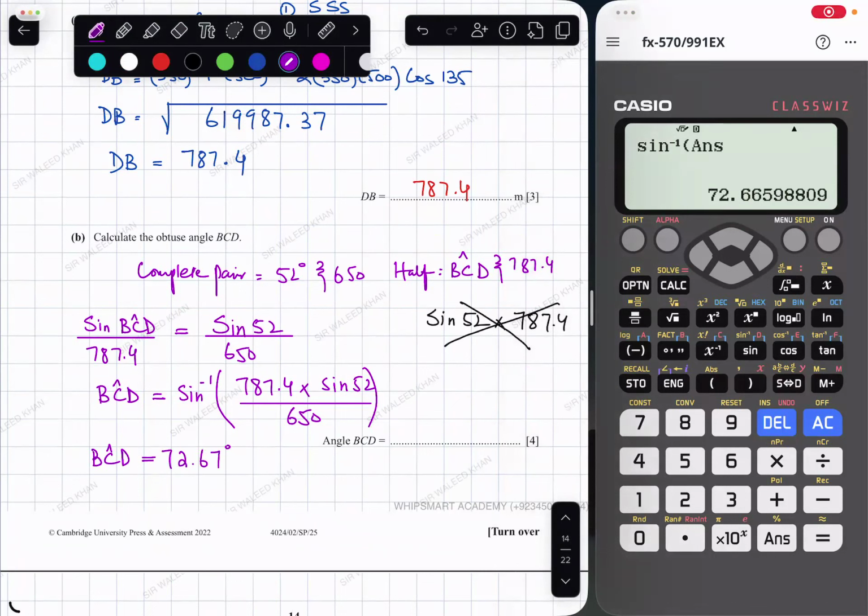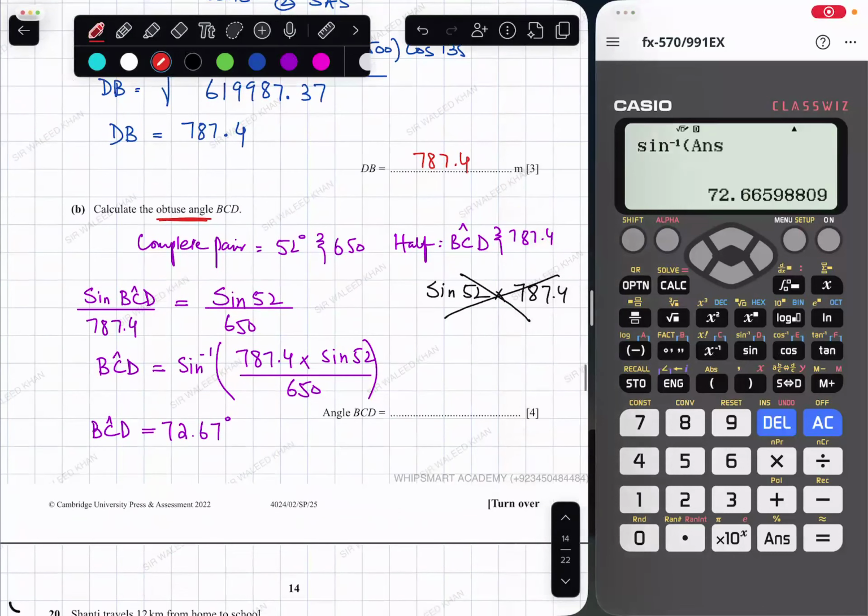Now, looking at this, obviously this is not an obtuse angle. So whenever they are asking you about an obtuse angle, you subtract the same angle from 180. So 180 minus 72.67.